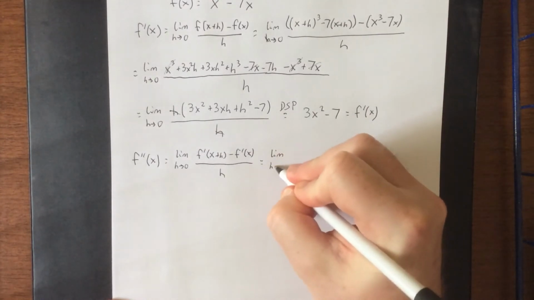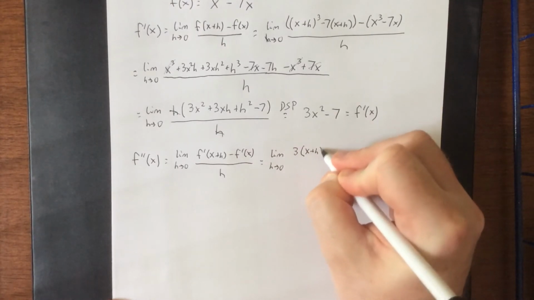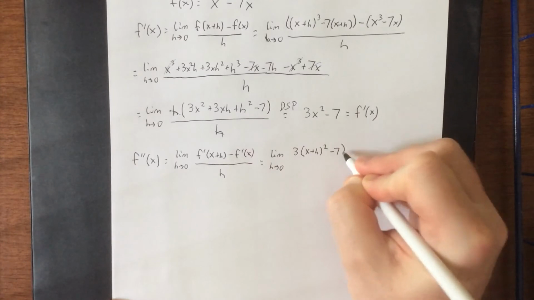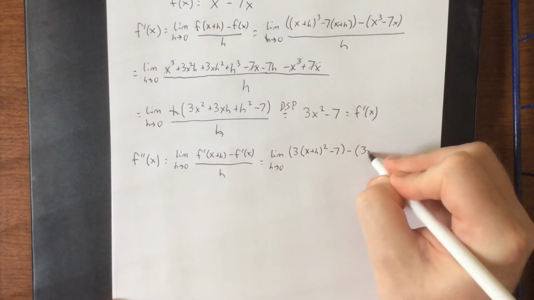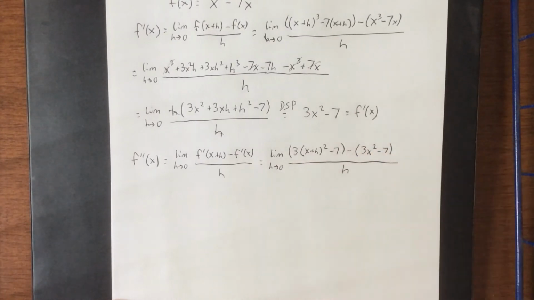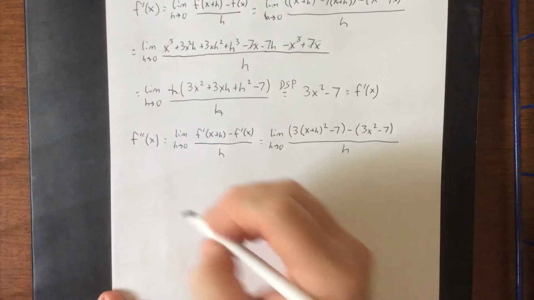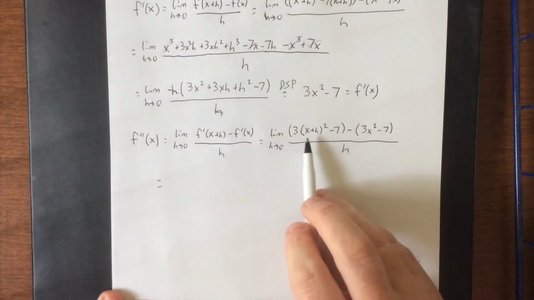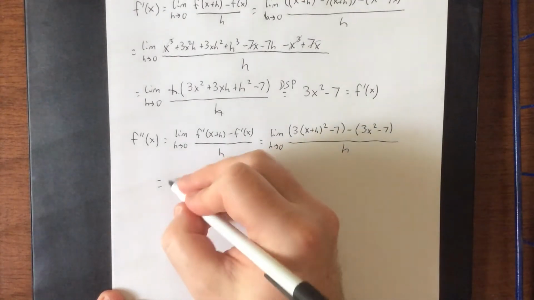That'll be the limit as h approaches 0 of 3 times x plus h quantity squared minus 7, that's our f prime of x plus h, minus the original f prime, 3x squared minus 7. We'll put that whole thing over h. I'm going to do 2 algebraic steps in this next step. I am going to expand x plus h quantity squared and distribute the 3 to the result.